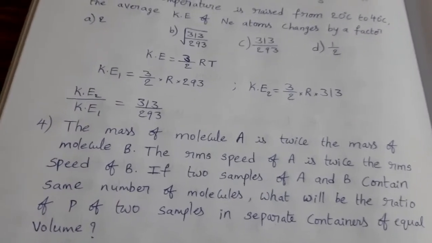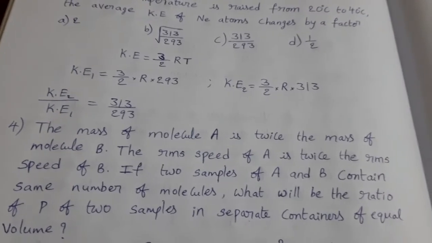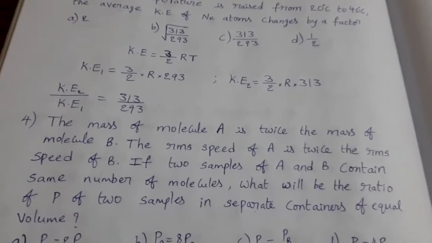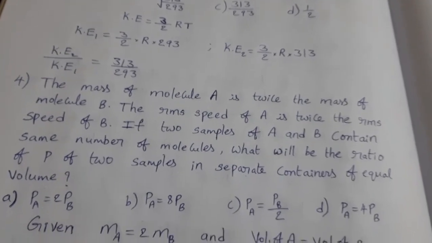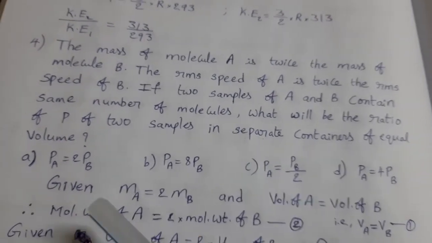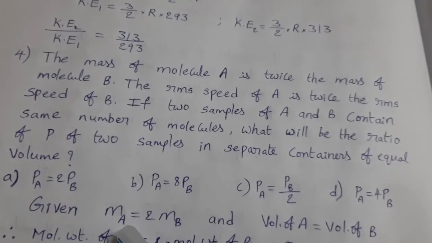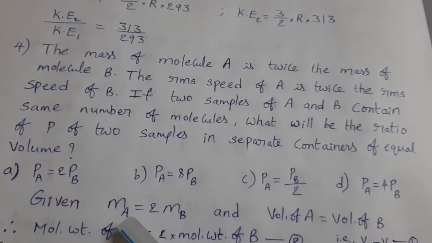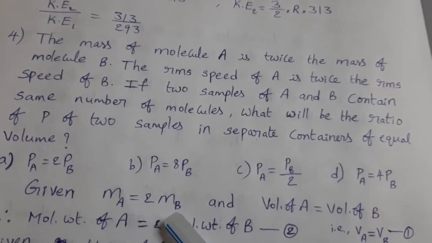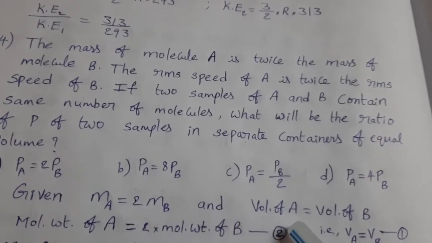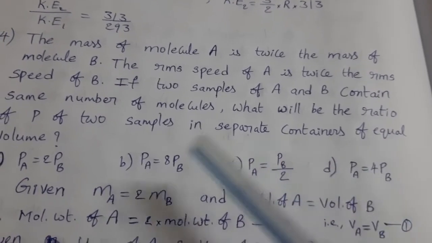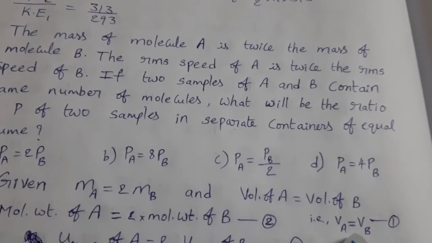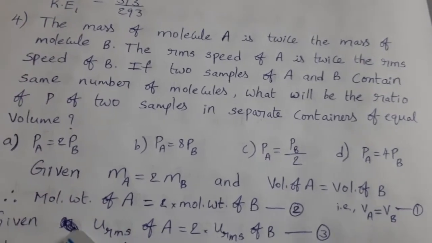So two molecules A and B are given. Their mass relation, RMS speed relation and volume relation are given. Given mass of A is twice the mass of B, so MA equal to 2 into MB. Volume of A equal to volume of B in separate containers of equal volume, so VA equal to VB.